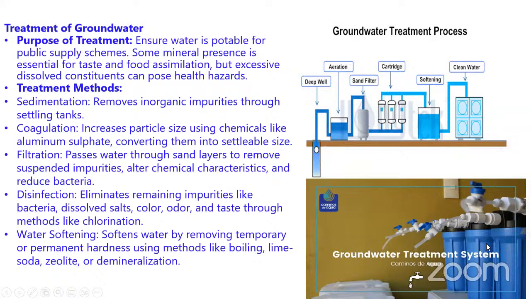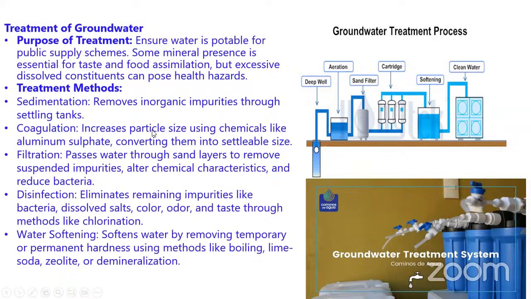You can observe these three cartridges which are present in the groundwater treatment system. You may observe these cartridges in some houses in RO systems or water filter systems. Some methods included in the groundwater treatment process are sedimentation, which removes inorganic impurities through settling tanks.